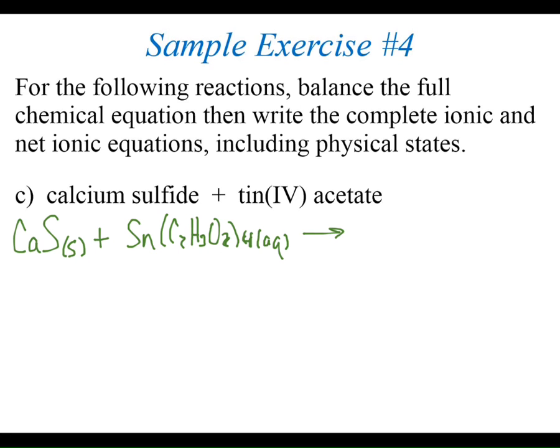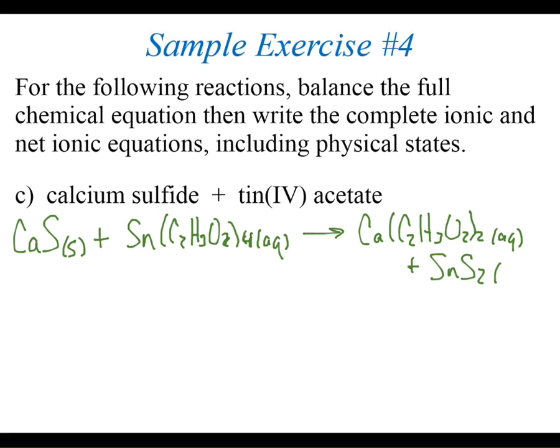We're going to swap. I'm going to make calcium acetate. So that'll be Ca(C2H3O2)2 aqueous and tin-4 sulfide. What's that? SnS2. Reduce it to the lowest ratio. 2 to 4 can go to 1 to 2. Solid or aqueous?